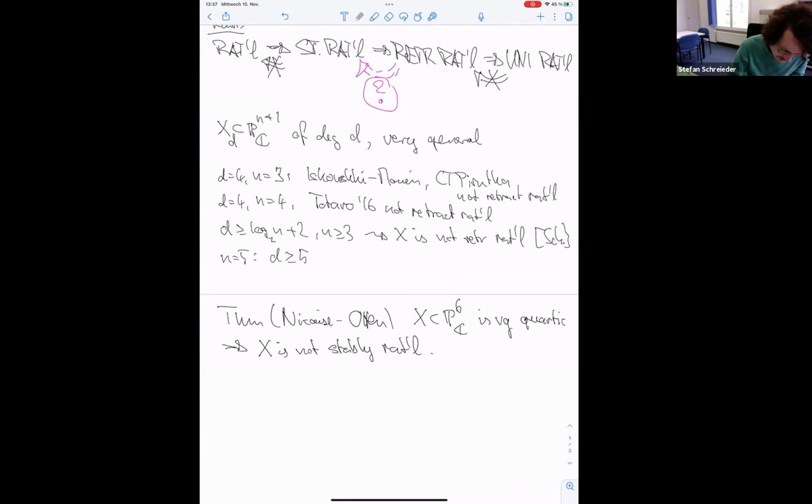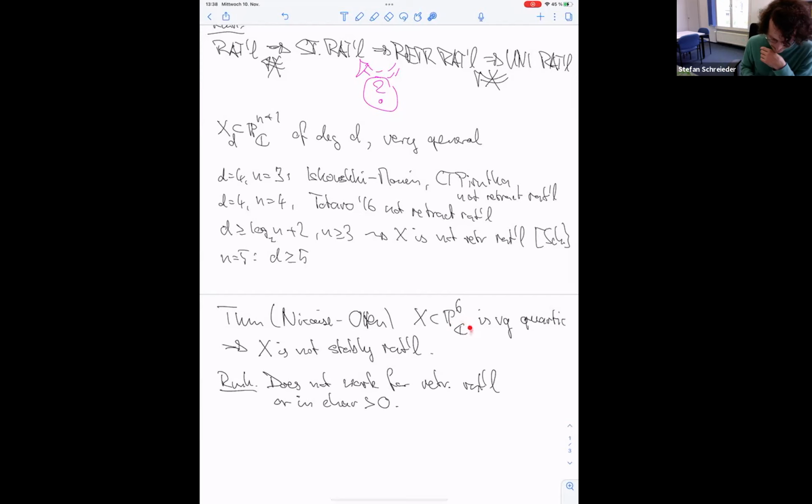Another motivation is, so remark, their approach does not work for retract rationality or in positive characteristic. So another motivation is to see whether one can get this over other fields, over positive characteristic fields.